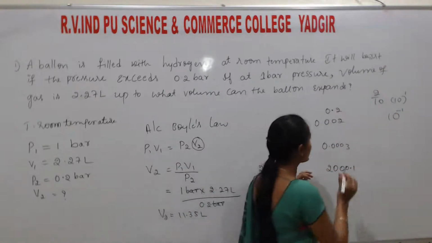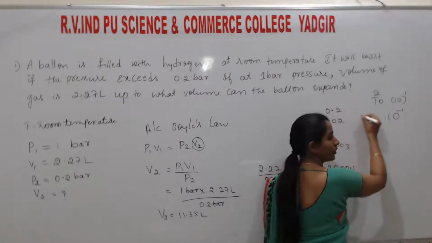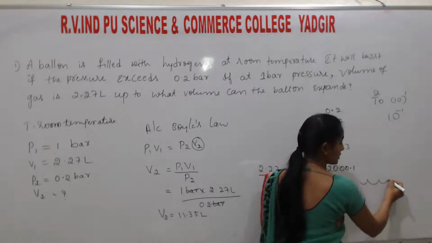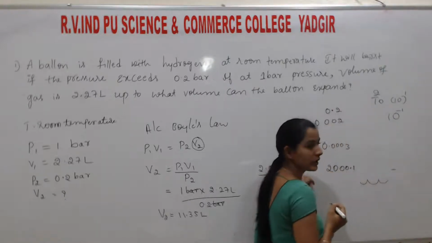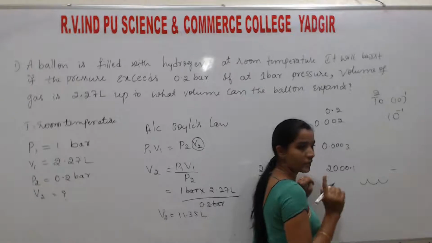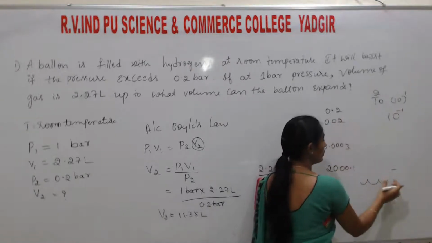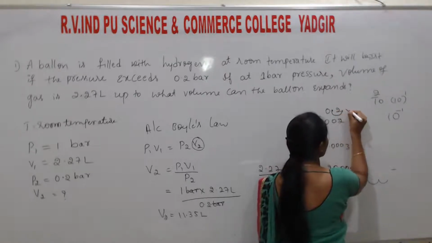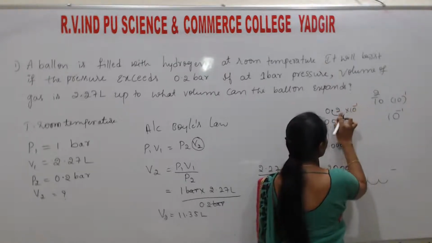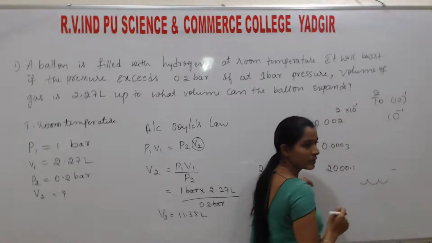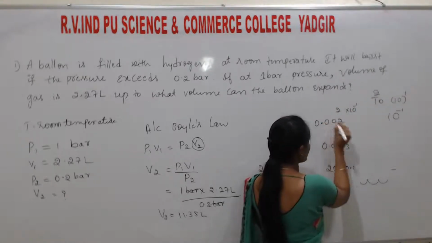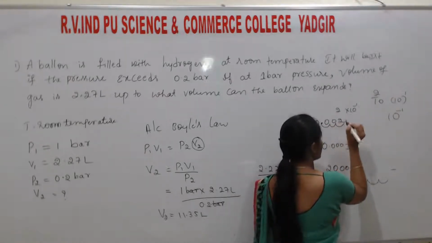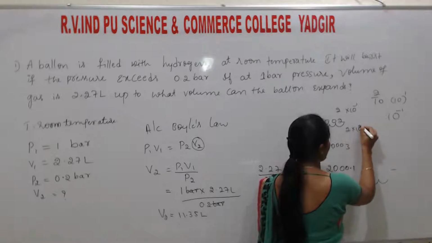Okay? How to change the notation? If the point moves forward like this, then it gets a minus value. Understand? If the point moves, it gets a minus value. Here, how many places is it moving? 2 into 10 power minus 1. Here the point is here. We want this as 2, so 1, 2, 3. This becomes 2 into 10 power minus 3.